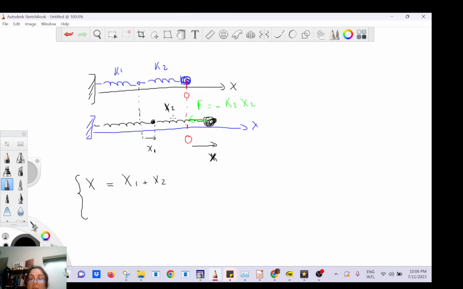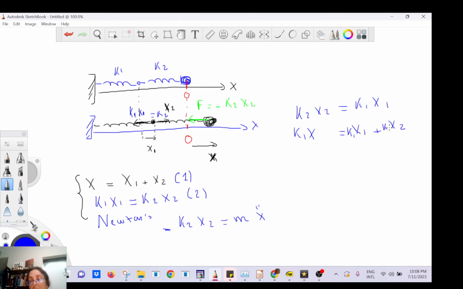So let's see. I want to get rid of the x1 here, right? So I have K2 x2 equals K1 x1, and I have x equals x1 plus x2. So I'm going to multiply both sides by K1. So that's my 2, and that's my 1. I'm going to subtract, so 2 minus 1.